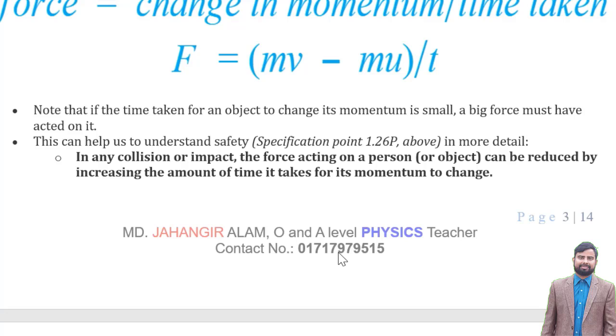If the time taken is more, then the force will be less. That's why, if the time taken for an object to change its momentum is small, a big force must have acted on it.